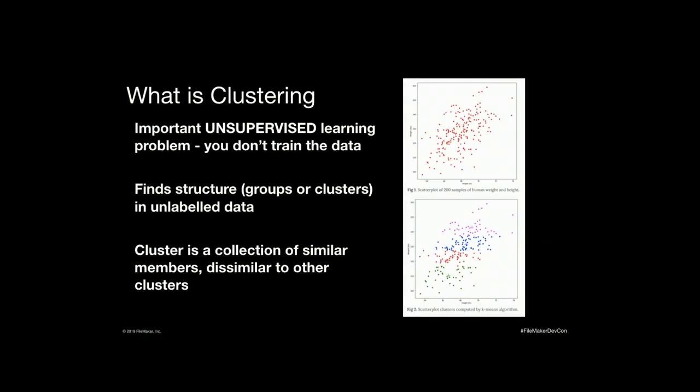So what is clustering? Well, there's a good explanation on the slide, and then the images show a classic machine learning example from a Stanford class where a company has height and weight data, and they need to discern 4 shirt sizes from that height and weight data. They can't make 100 shirt sizes.